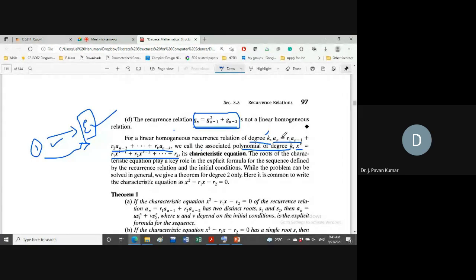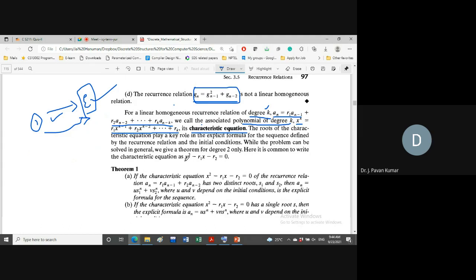Whatever recurrence relation we have taken, if you write it in terms of a polynomial, we will call that the characteristic equation. I am repeating once again: the associated polynomial of degree k with respect to the recurrence relation is called the characteristic equation. Let us see one example, then this will be clear.